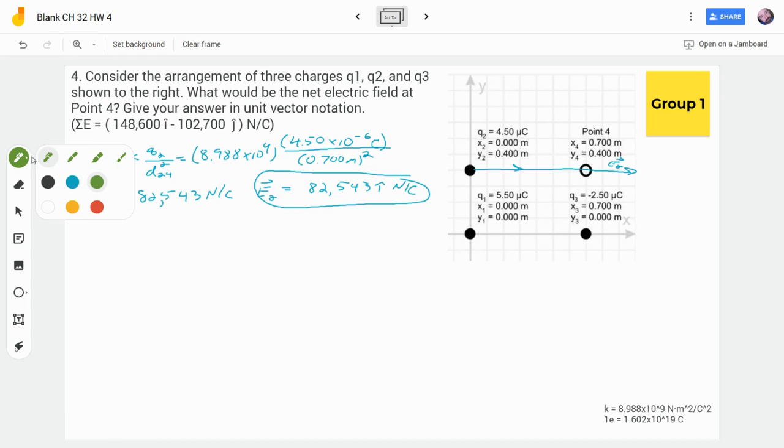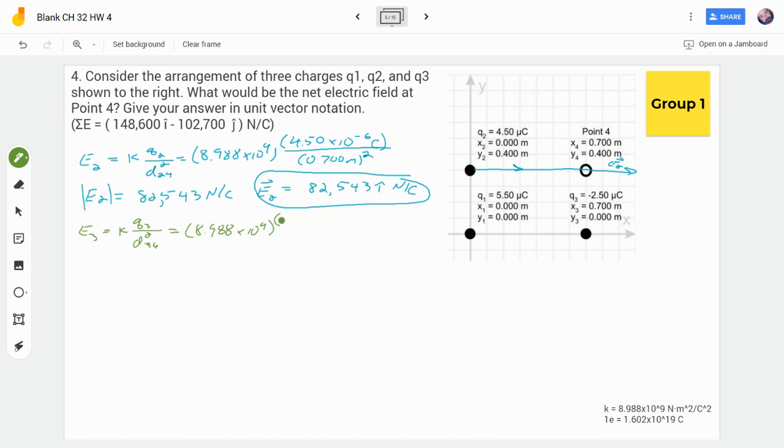On to E3. So E3 is going to be equal to k times Q3 divided by distance 3, 4 squared. So 8.988 times 10 to the 9th. Q3 is this.